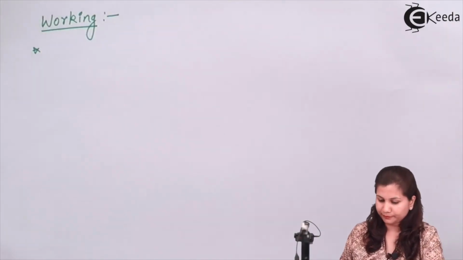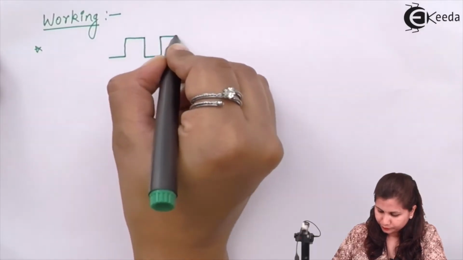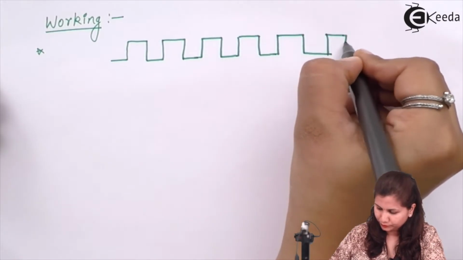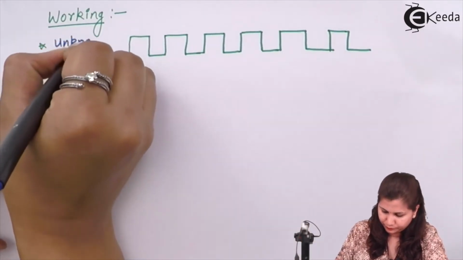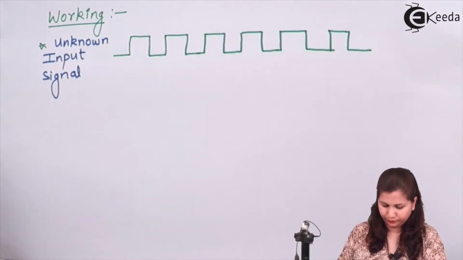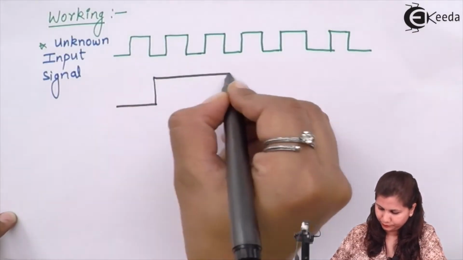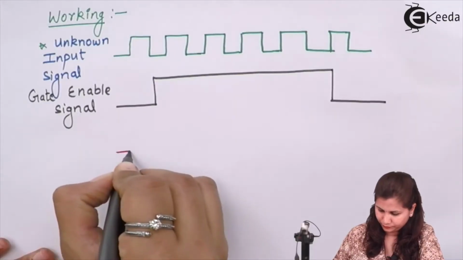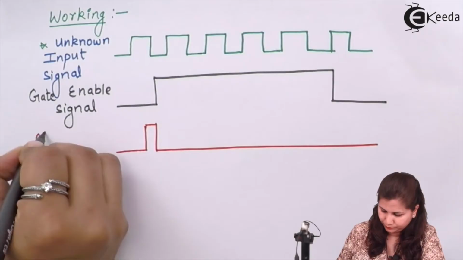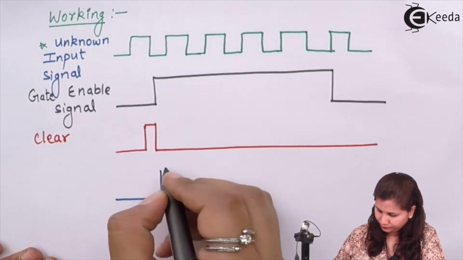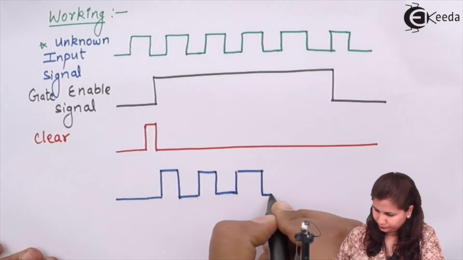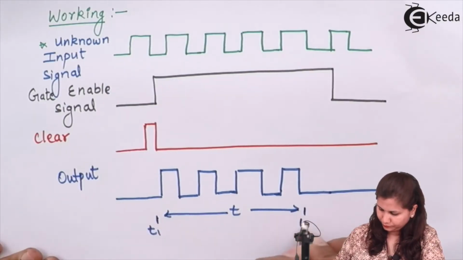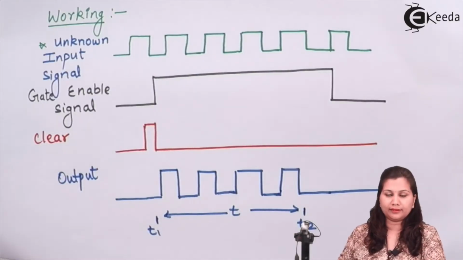For this, we will draw some waveforms. So these are the waveforms of the signals in the frequency meter.